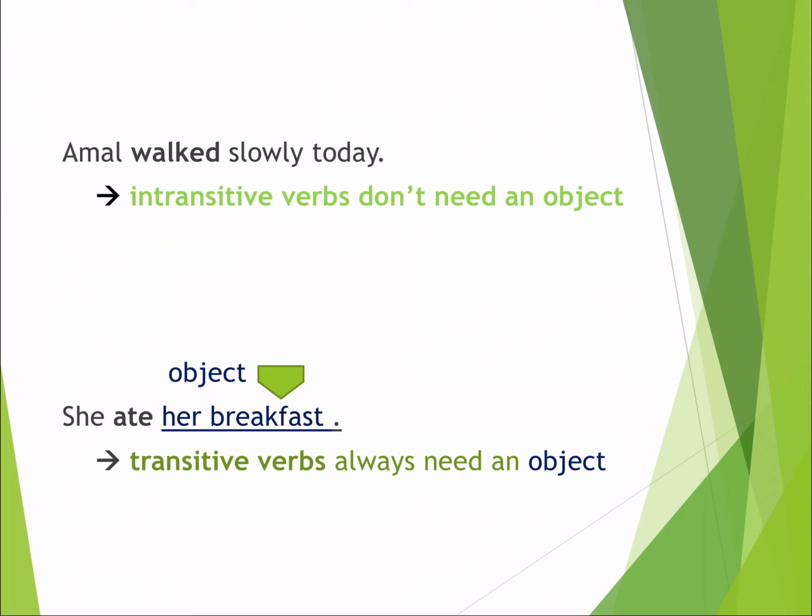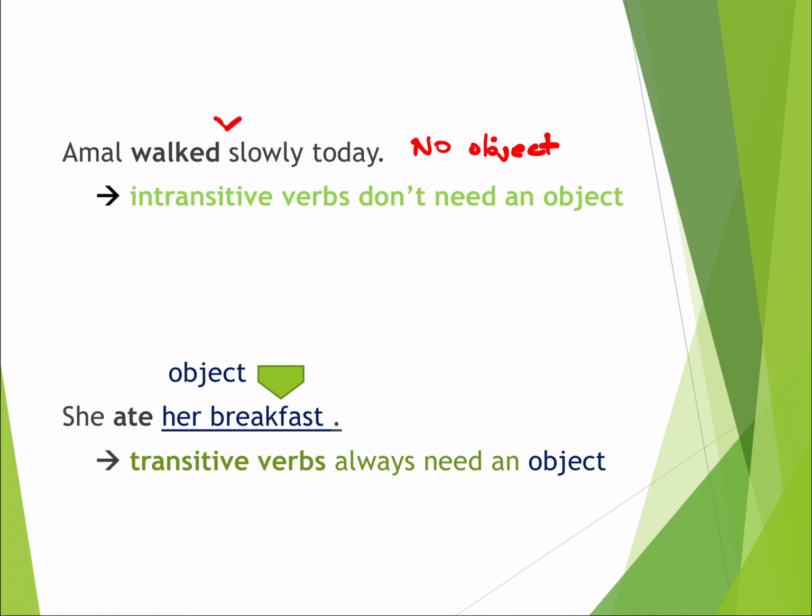The first one, Amal walked slowly today. We learned that objects are affected by or influenced by the verb, and they usually come straight after it. So is there an object here? Amal walked slowly today? No, there's no object. So the verb walked does not need an object.